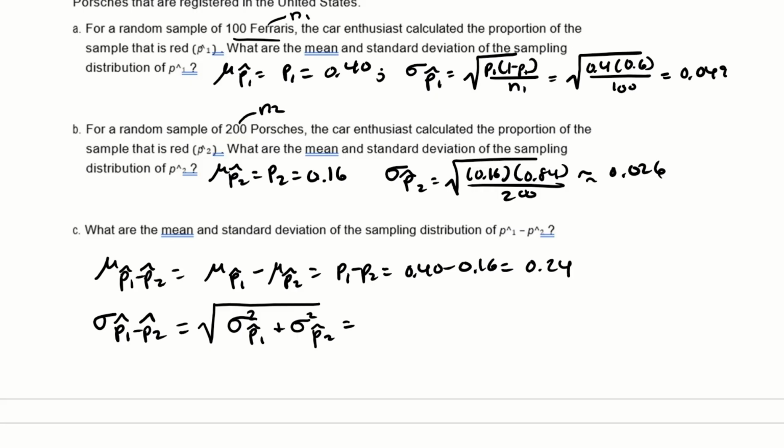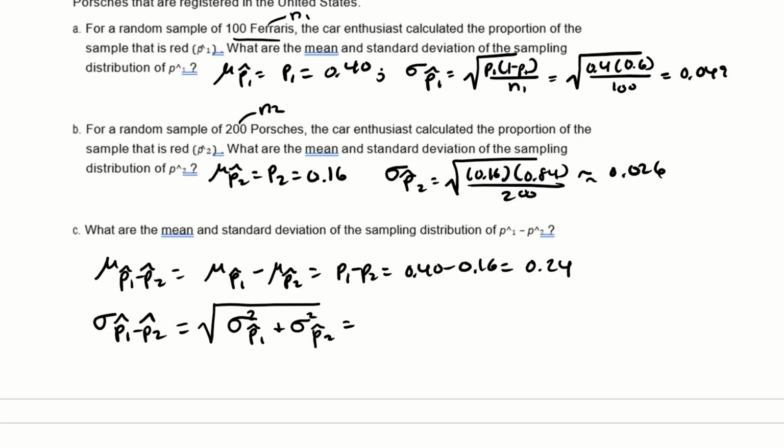If I take the square of that, it's just p1 times 1 minus p1 over n1, and so on. This is just a tie-in with transformations from the previous chapter. So basically, you plug in those numbers, 0.049 squared plus 0.026 squared. When you do this, you end up getting the same formula.